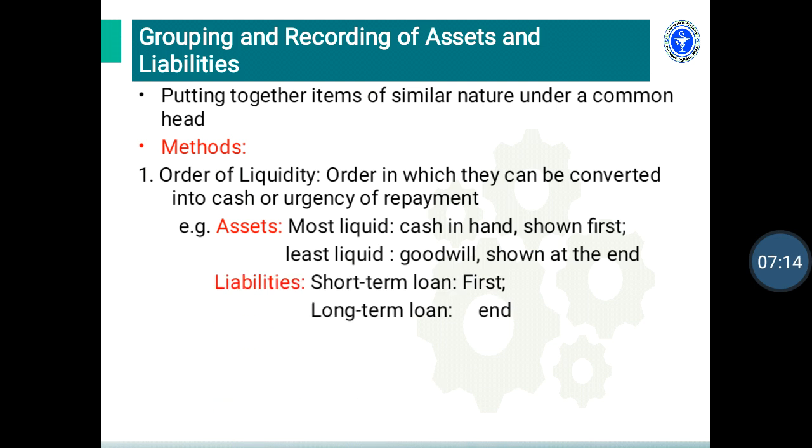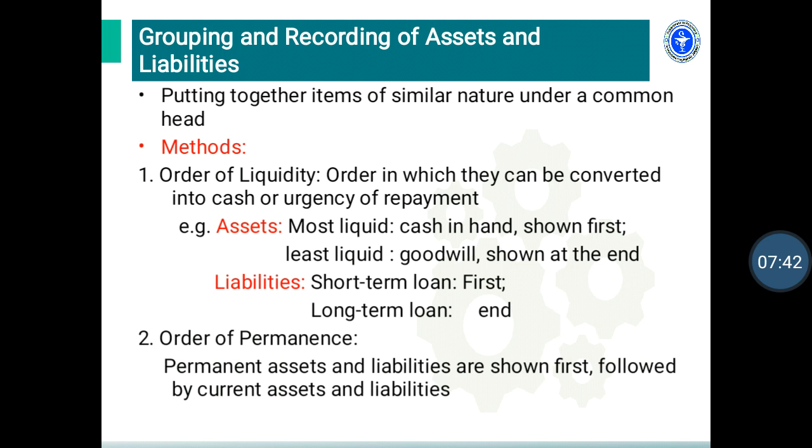Similarly, in case of liabilities, the ones which are most urgent for repayment, that is short term creditors, are shown first, and the least urgent, that is long term loan, are shown at the end. So this is the first method for grouping and recording, that is order of liquidity.